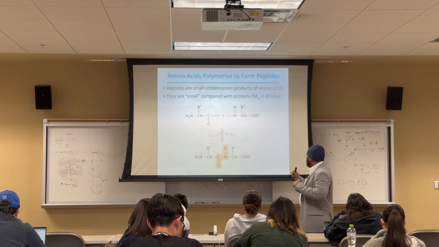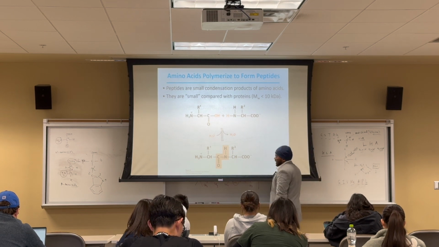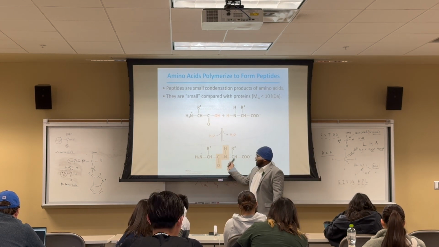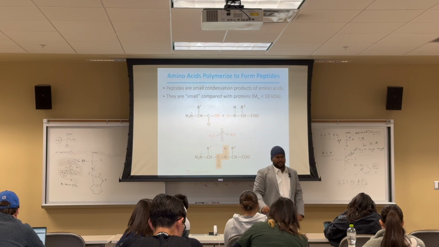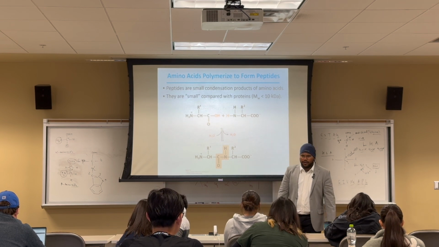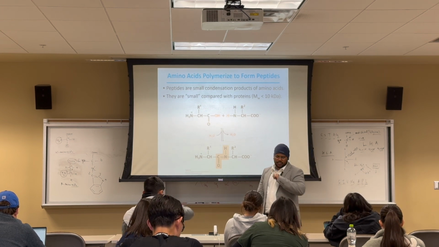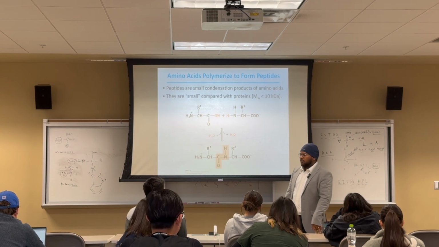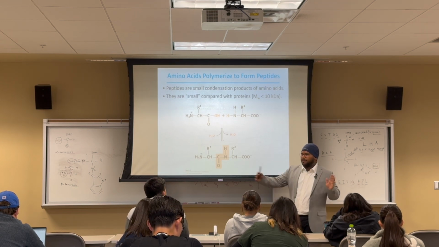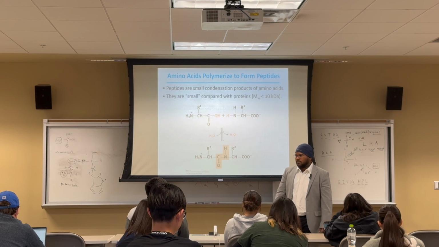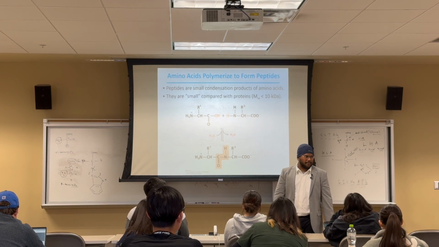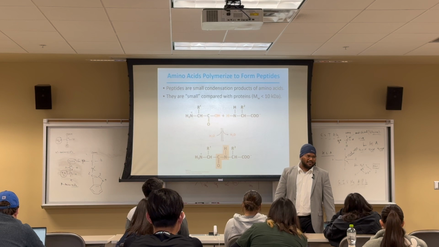Okay, so polypeptide. How many peptide bonds are present in a polymer of two amino acids? One. So imagine if I ask you, how many peptide bonds are present in a polypeptide of 100 amino acids? 50? 99.